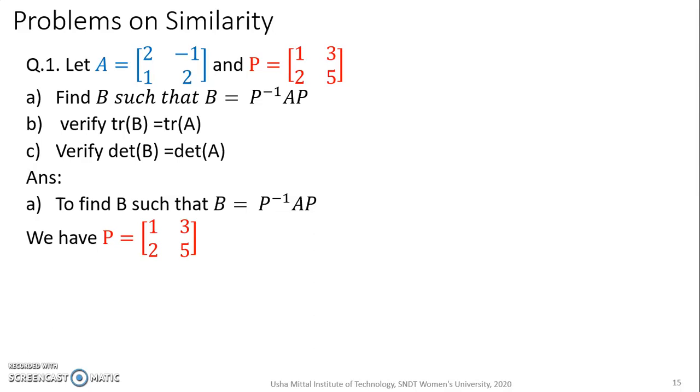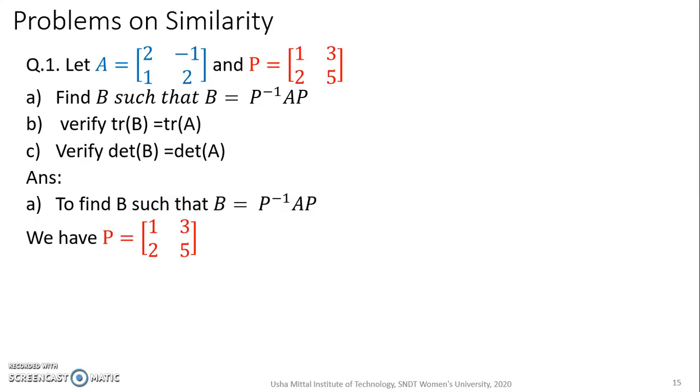So now let's go with the section A. So here first we will find out a matrix B. Matrix B is nothing but the matrix representation of a function relative to the another basis.